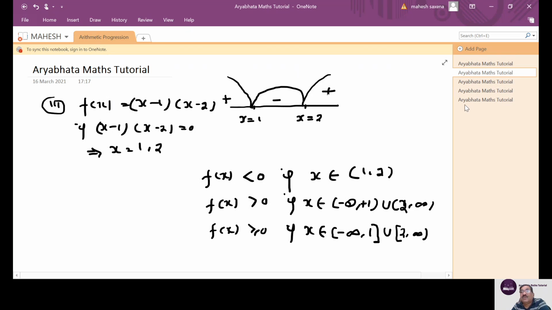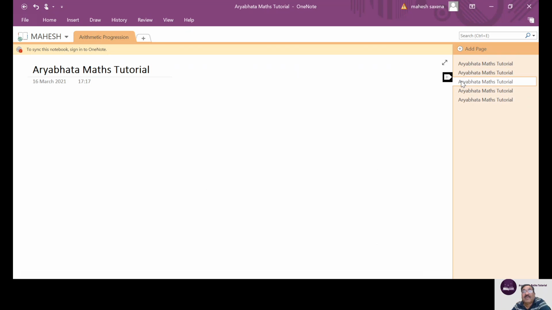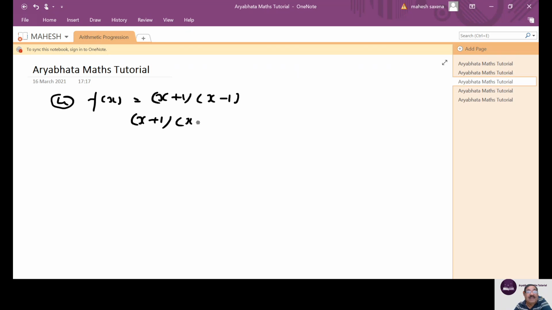Now we are taking the fourth example. Suppose f(x) is (x plus 1)(x minus 1). If (x plus 1)(x minus 1) is 0, it implies that x equals minus 1, 1.